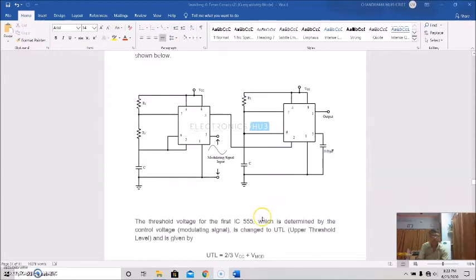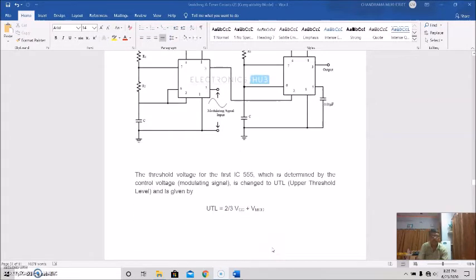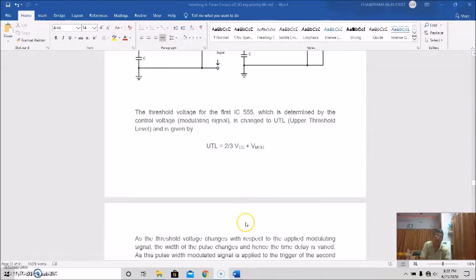Now the threshold voltage for the first timer, which is determined by the control voltage, that is the modulating signal, is changed to the upper threshold level and is given by 2/3 of the supply voltage plus V mod, that is the modulating voltage. So the upper threshold level can be written as 2/3 of VCC plus V mod.